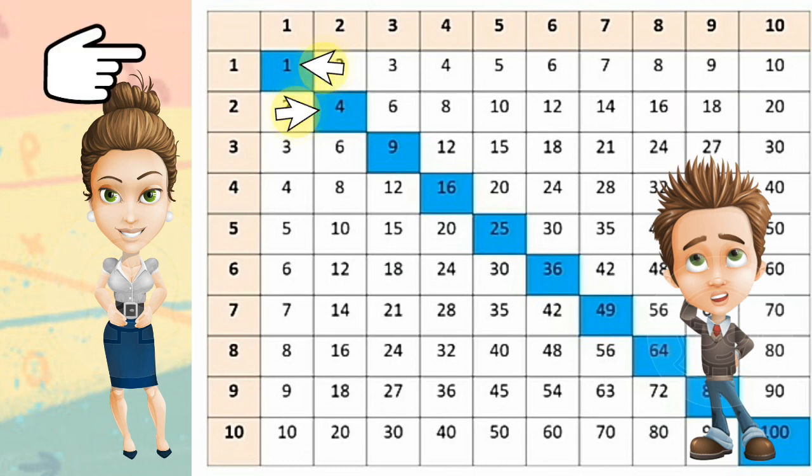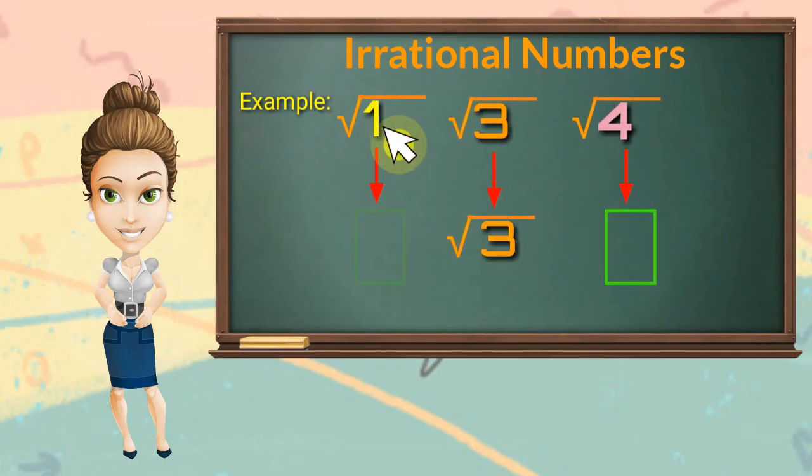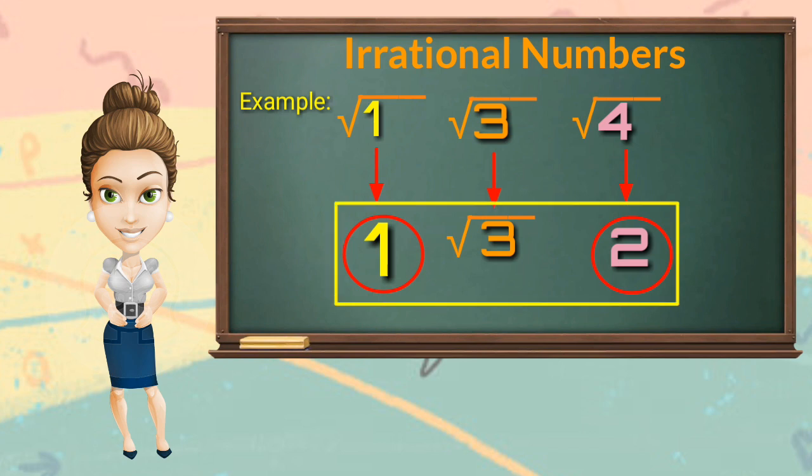Yes, it is between 1 and 4. The square root of 1 is 1, and the square root of 4 is 2, and the square root of 3 is in between. Therefore, the square root of 3 is between 1 and 2.